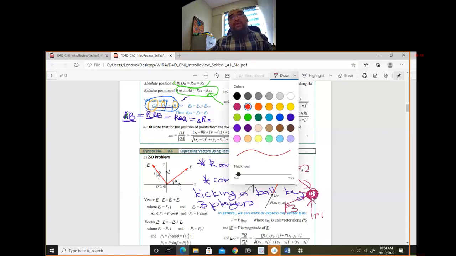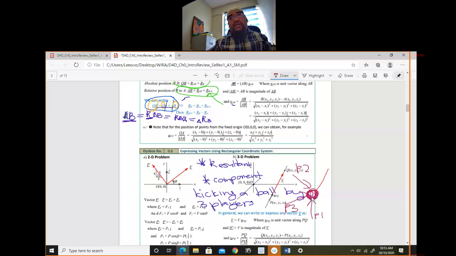And then we assume the ball is moving in this direction. The resultant. Then you can solve it. I think the first is Cartesian, x and y coordinates.